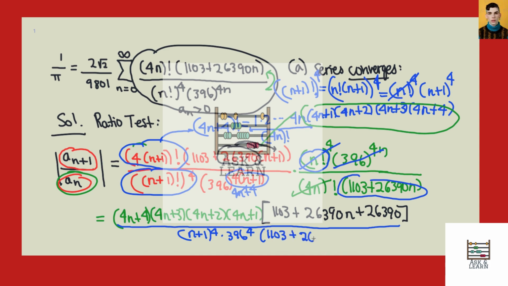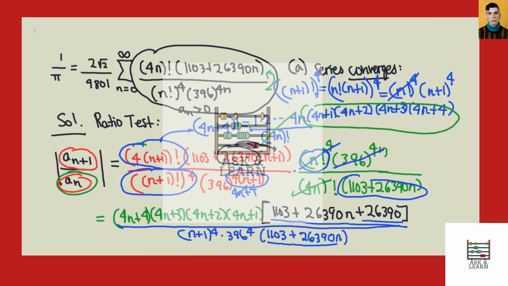We haven't taken any limits yet, just simplifying as much as we can. So at this point, we have these products in the numerator, and these last two terms are very similar, but notice that they're different. This one in the top has an additional 26,000.